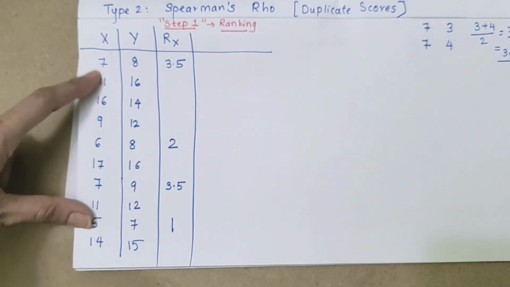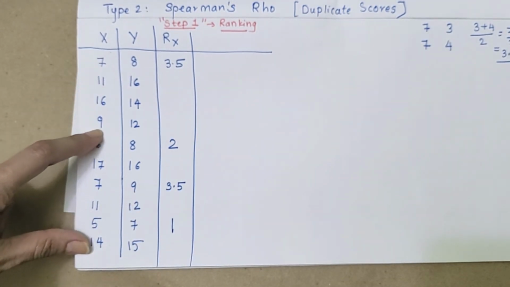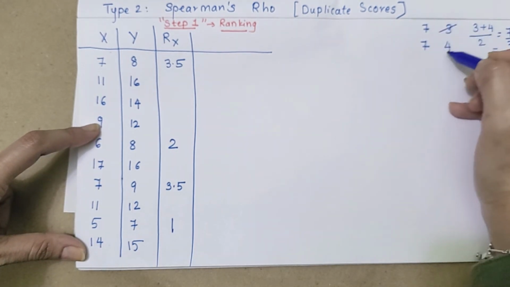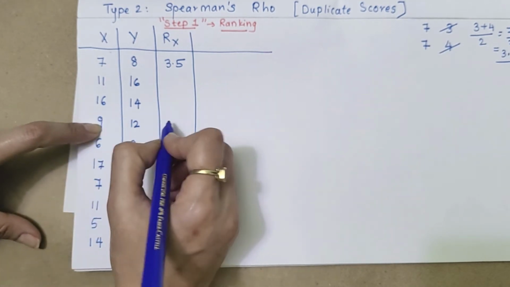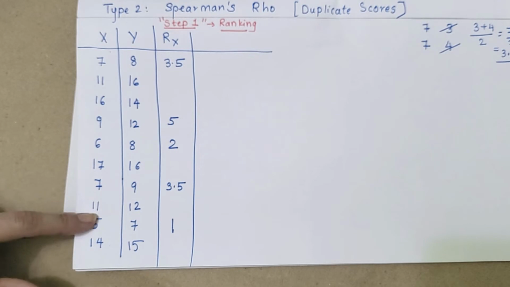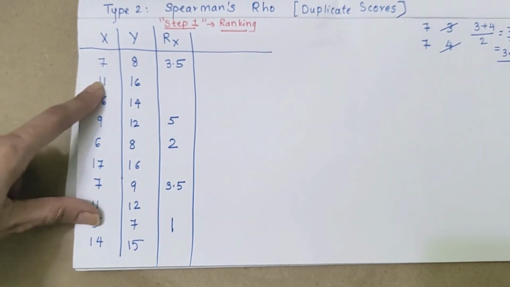Now what is after 7? It is 9. The 3 is gone, 4 is gone, so 9 comes on the fifth rank. Then after 9 there is no 10, it is 11.